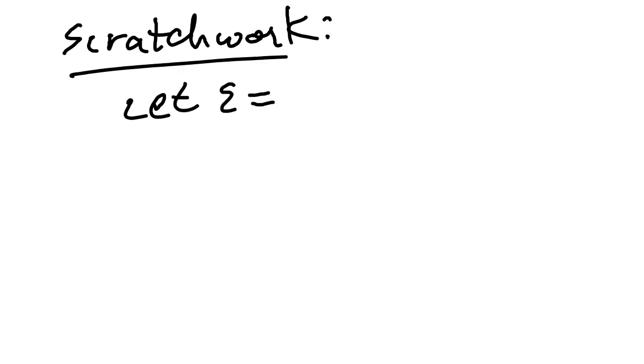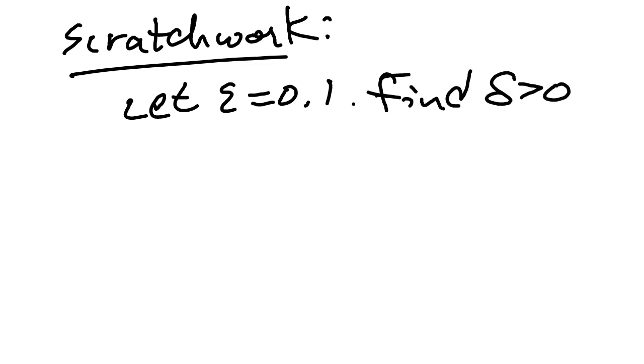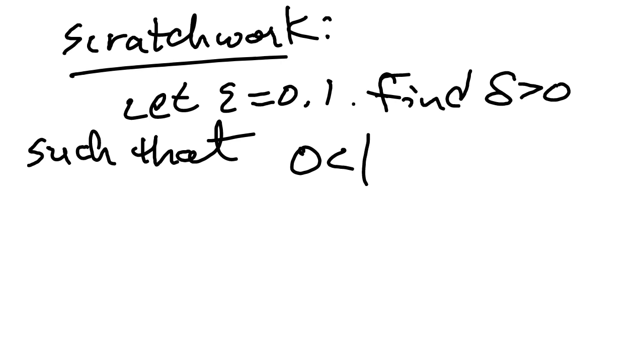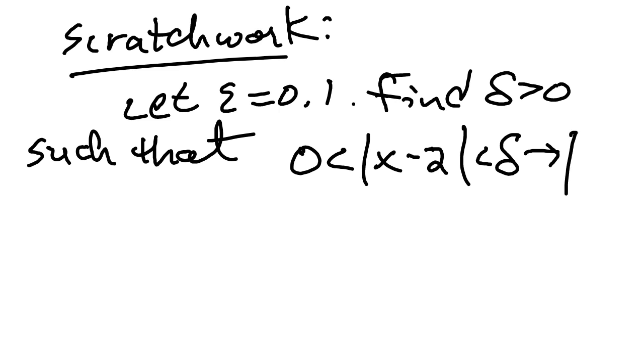Let epsilon equals 0.1, and we need to find a delta greater than 0 such that 0 is less than the absolute value of x minus a, which is 2, less than delta, implies or guarantees that the absolute value of f of x, which was x plus 3, minus L, which is 5, is less than epsilon, so it's less than 0.1.